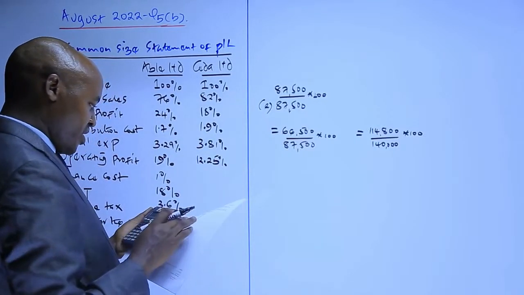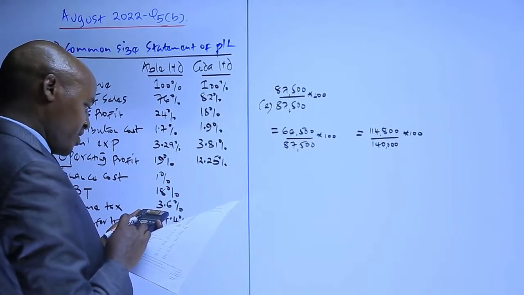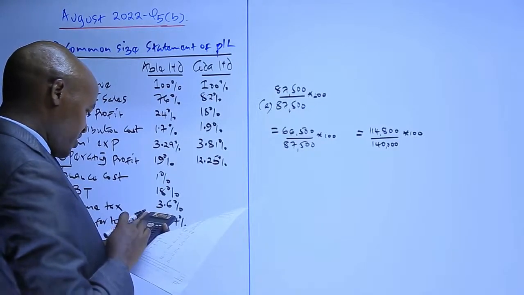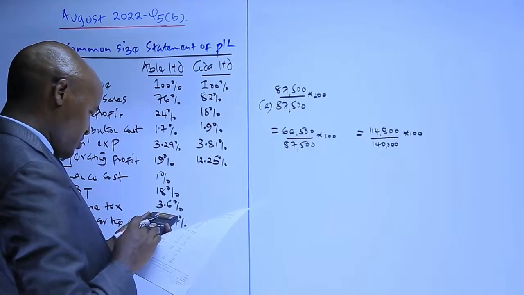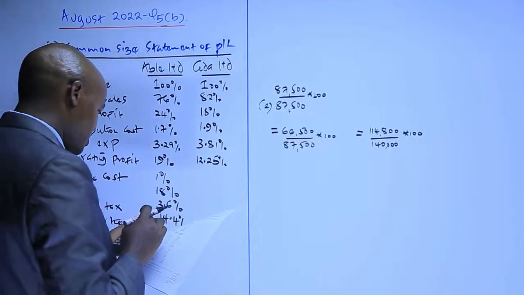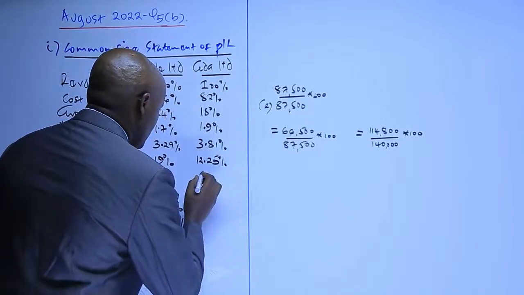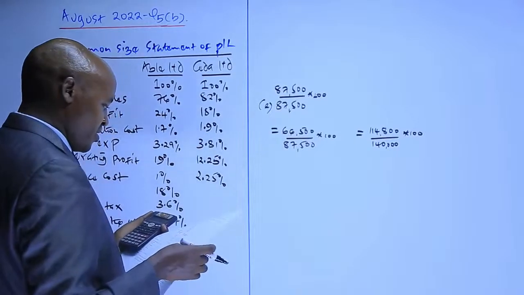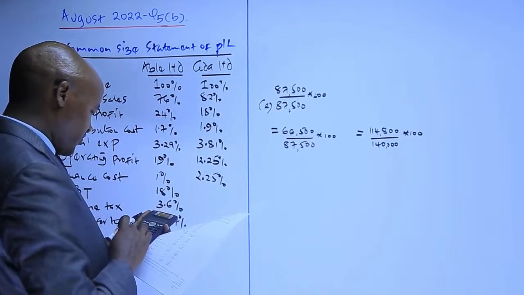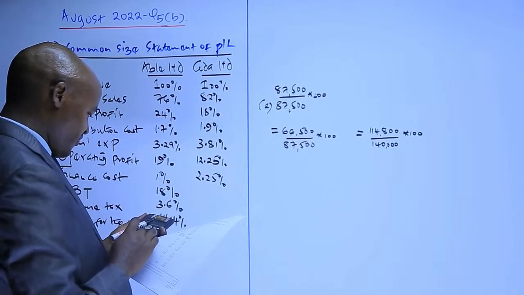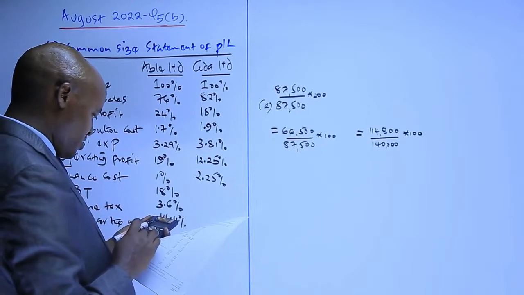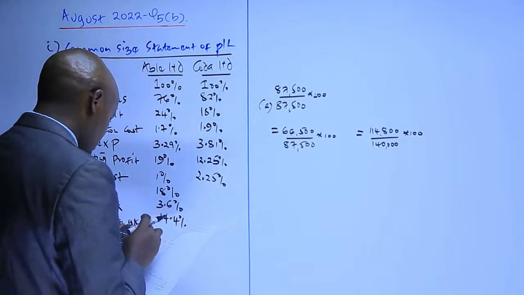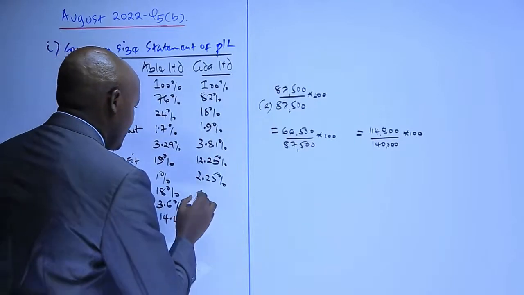And then below that we have the finance costs, 3,150 divided by 140,000 times 100, which will give us 2.25%.